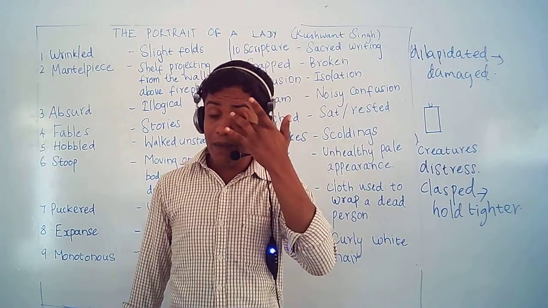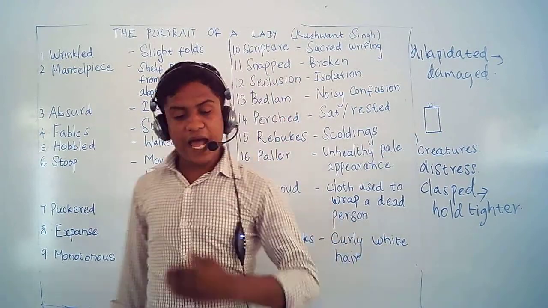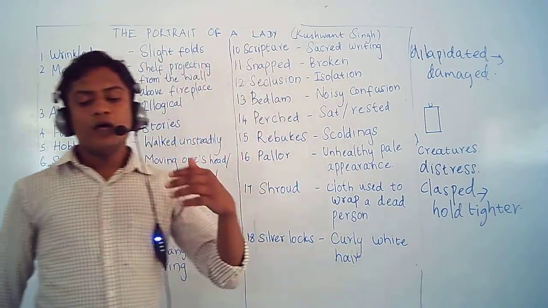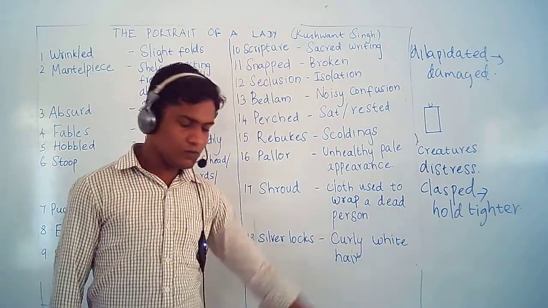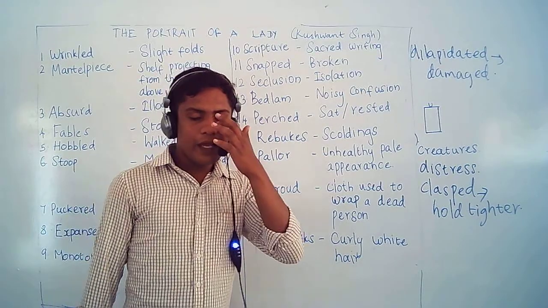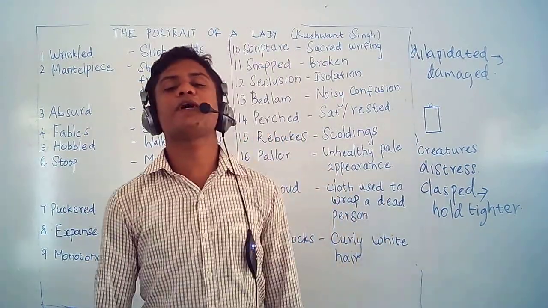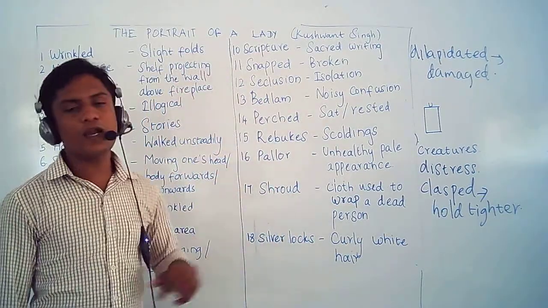And they wrapped their grandmother using a shroud. Okay, what do you mean by shroud? அந்த இறந்து போன டெட் பாடியை நம்ம ஒரு துணியால் சுற்றுறோம்ல, அந்த துணியை தான் நம்ம சொல்லுவோம், wrapped. So they wrapped their grandmother using a red color shroud.